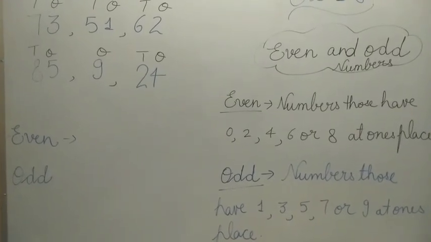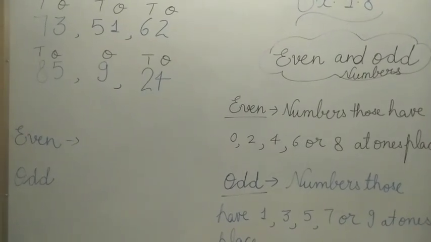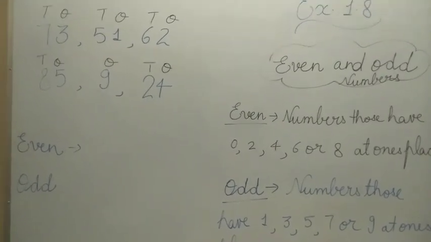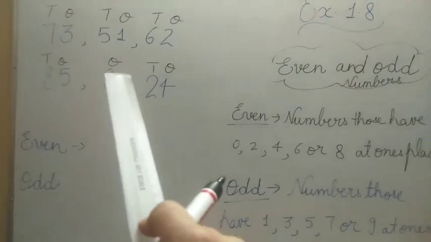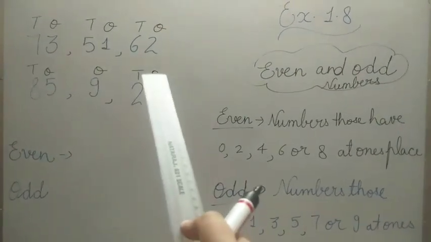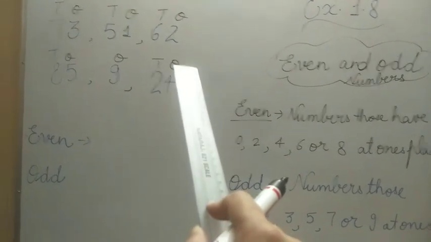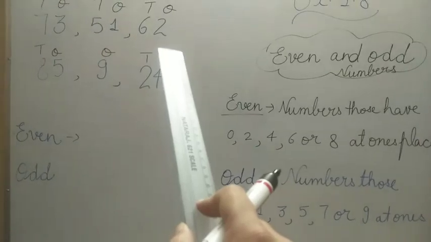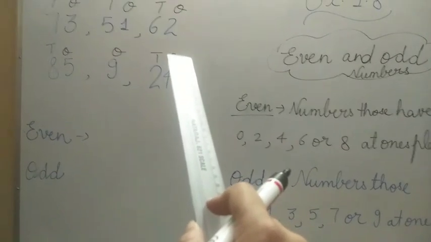Next number 51. Check its ones place. Is it 0, 2, 4, 6 or 8? No. So this is also not an even number. Now look there. 62. Its ones place number is 2. Is it 0, 2, 4, 6 or 8?